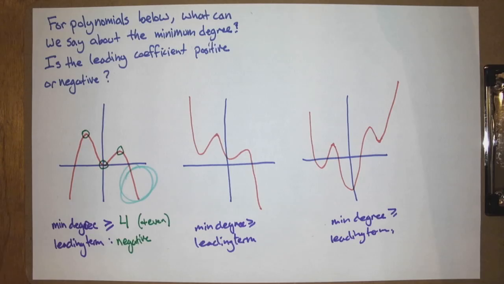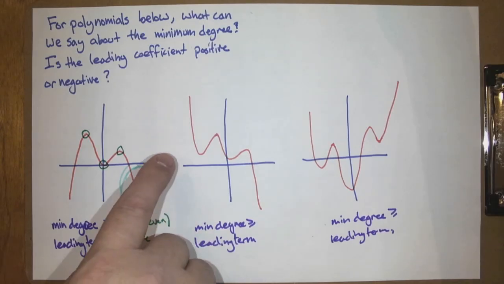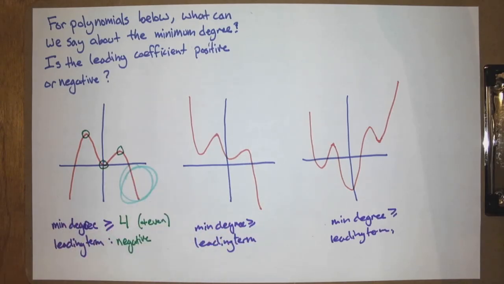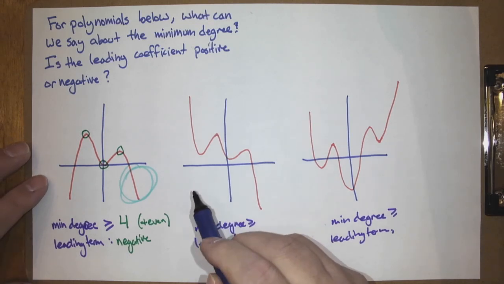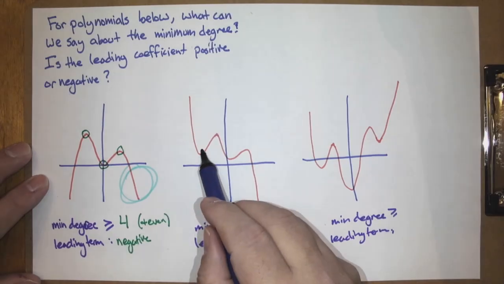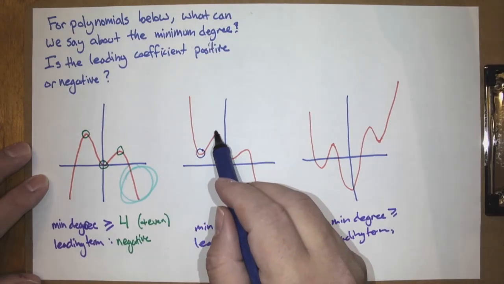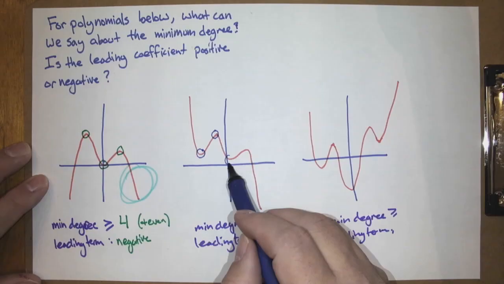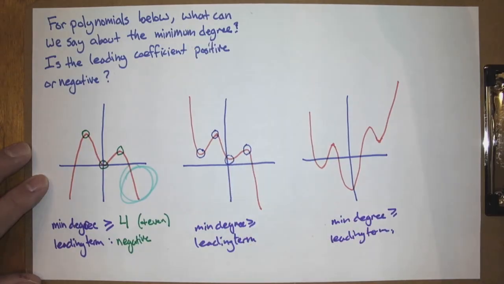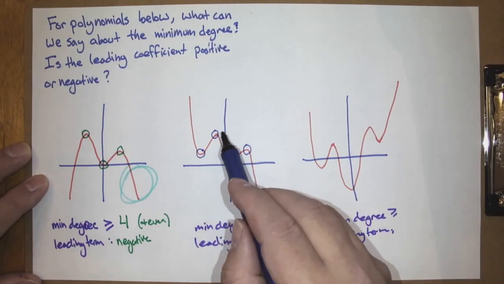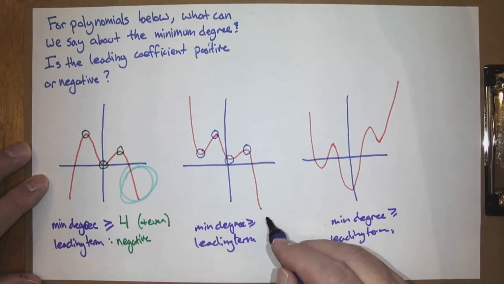All right. Now that we've played it once, round 2, let's see how we do in the next one. What can we say here? What can we say about the min degree? It has to be at least 5, because we can count 4 places where we see a max or a min, add 1.